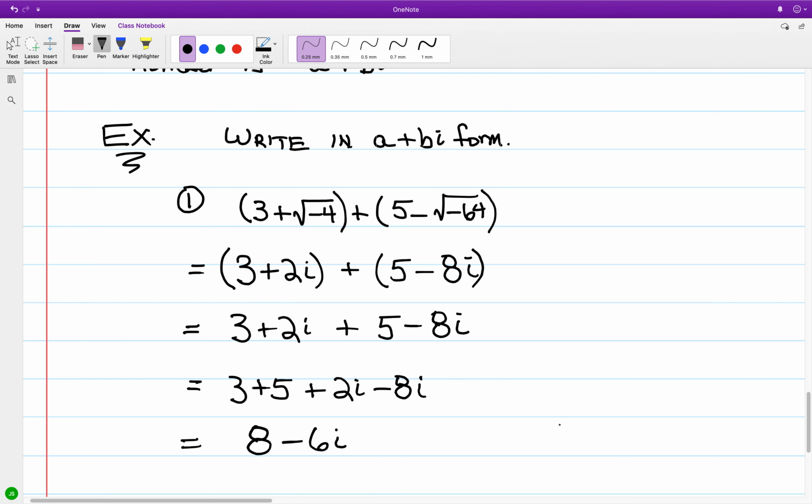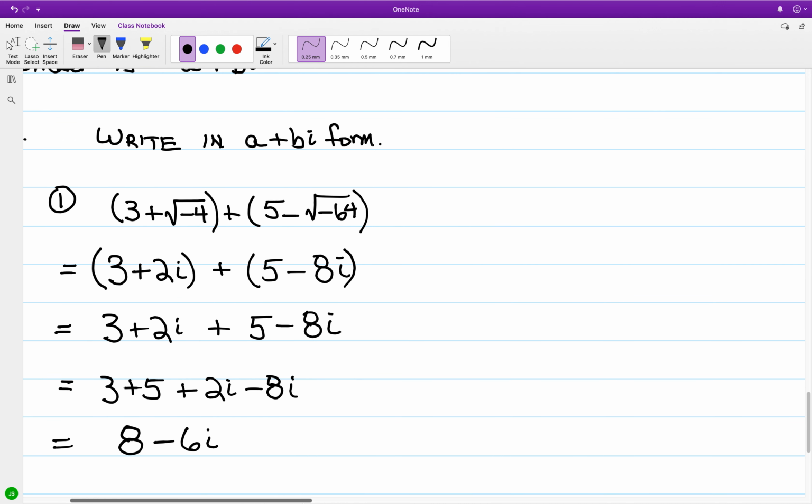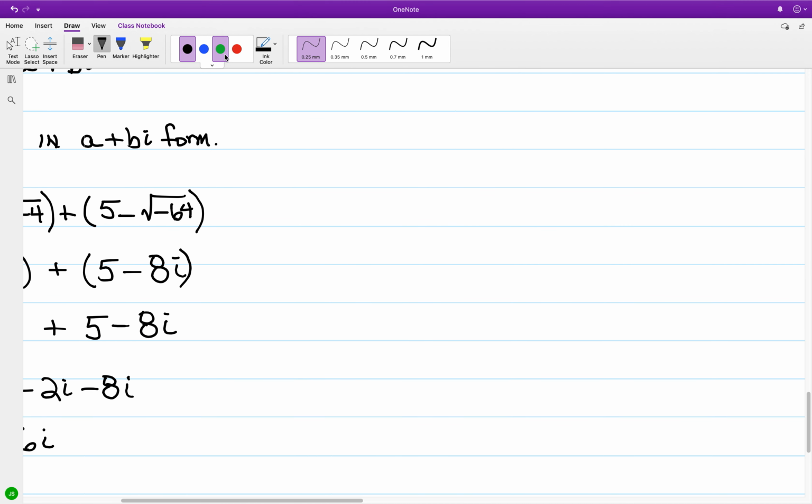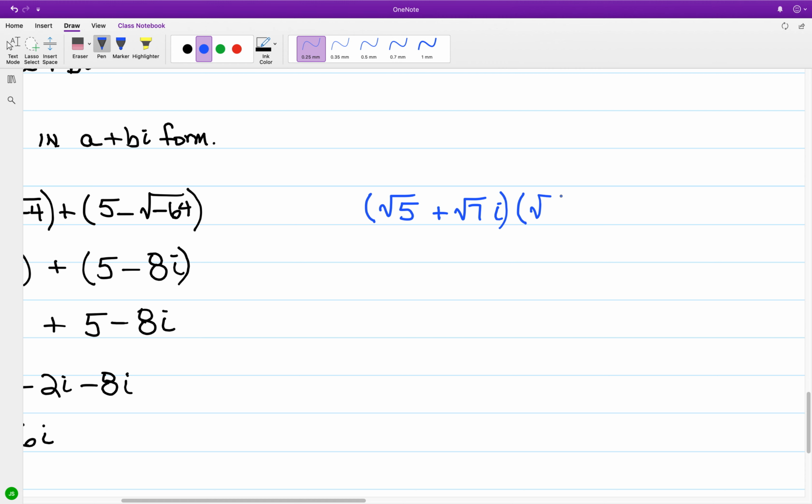Now let's say that we are multiplying complex numbers together, and we have the square root of 5 plus the square root of 7 i, times the quantity of the square root of 5 minus the square root of 7 times i.